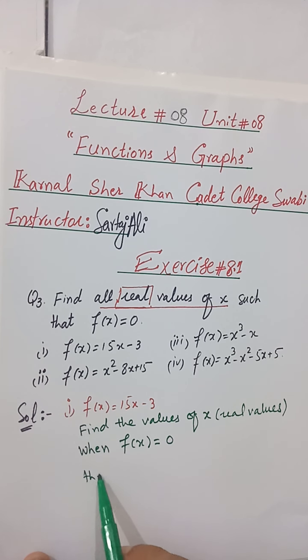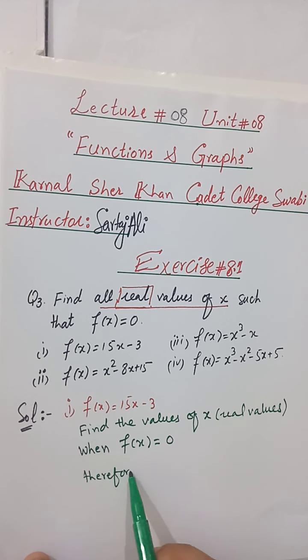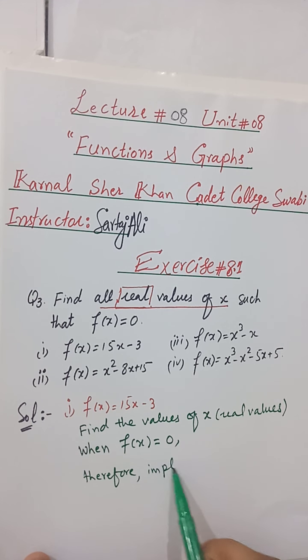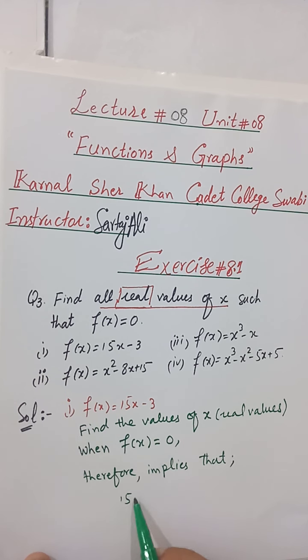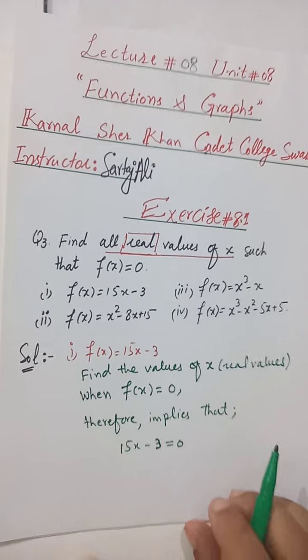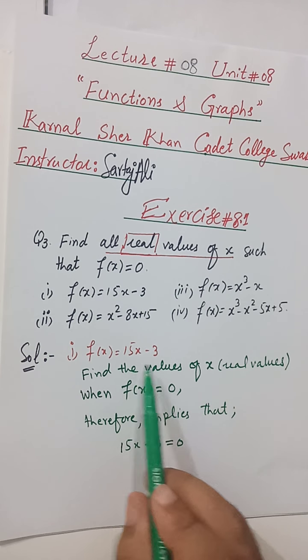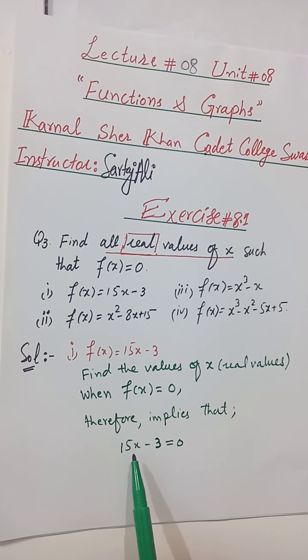So this implies that 15x minus 3 equals 0. Because the function is equal to 15x minus 3, that's why you put 15x minus 3 equal to 0.